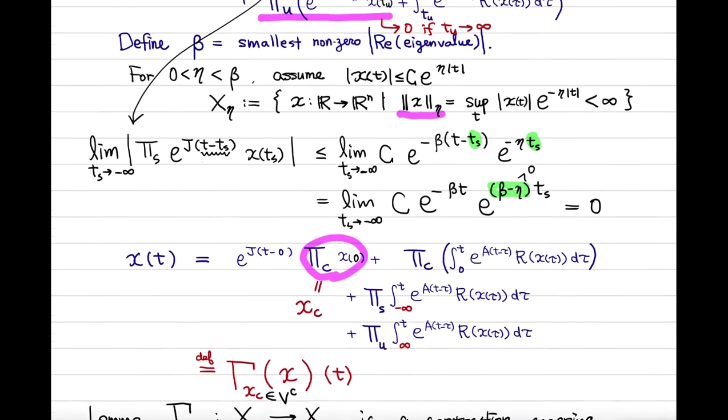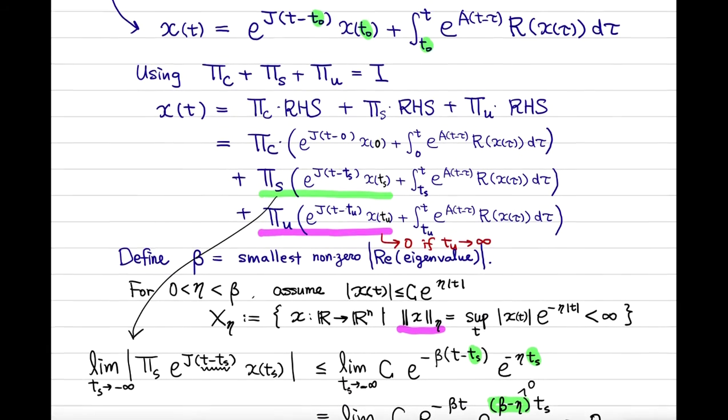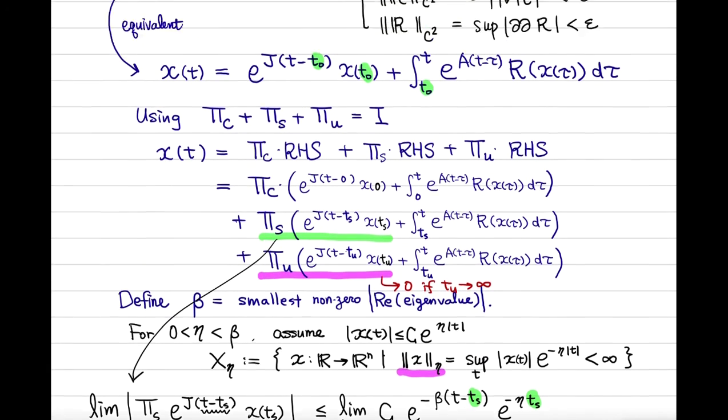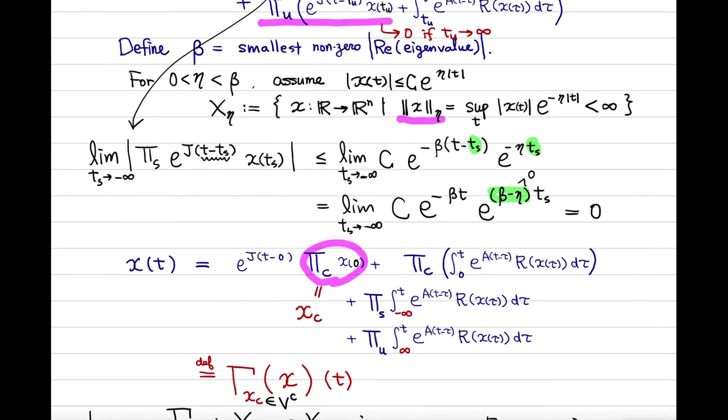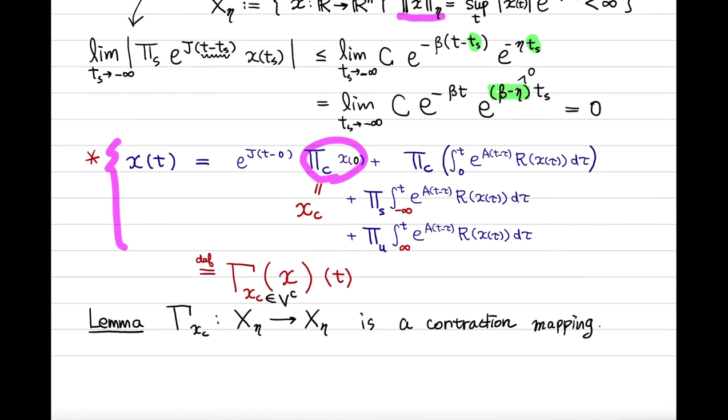In terms of that norm, this map gamma of xc is a contraction mapping, therefore it has a fixed point, which becomes exactly the solution to this equation. So we want to prove that this equation has a solution, and it has one by this lemma.